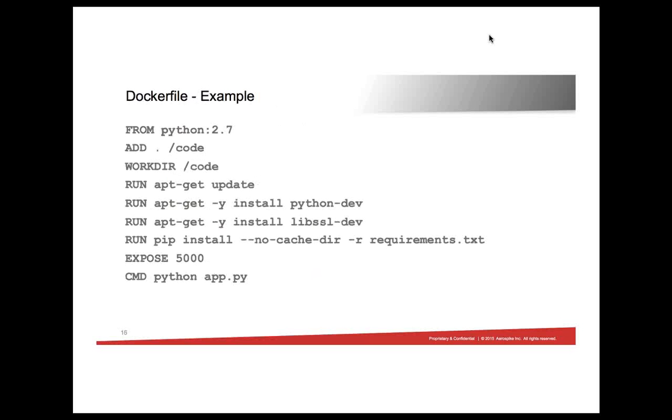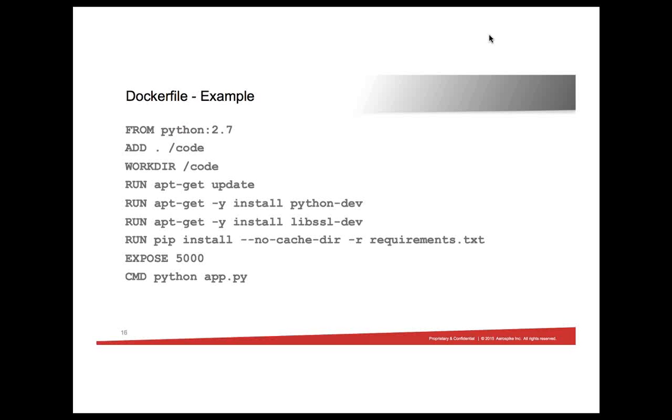Here's a quick example of what a Docker file looks like, and we're going to be using Docker as our example for container definition and orchestration. You can see in this Docker file, we first describe that we're going to use a particular language, Python in this case, and a particular version, which is 2.7.